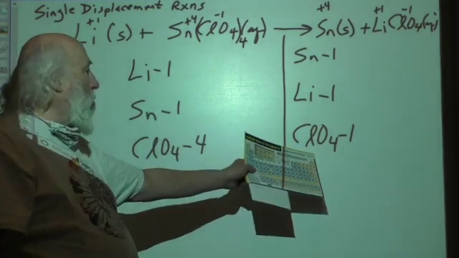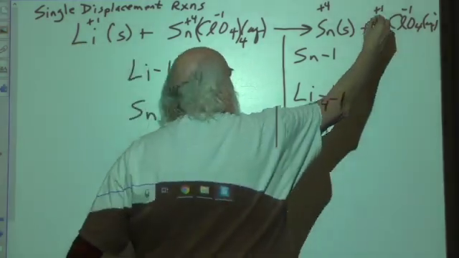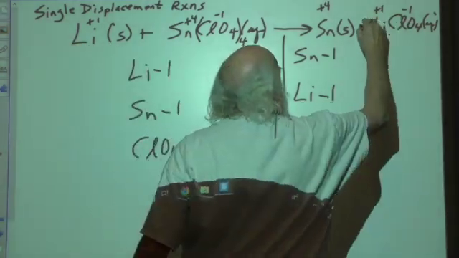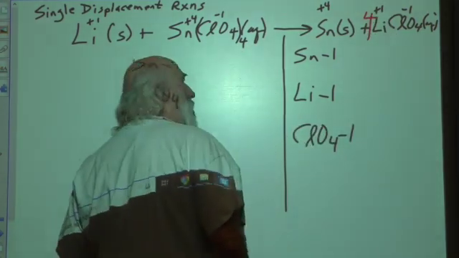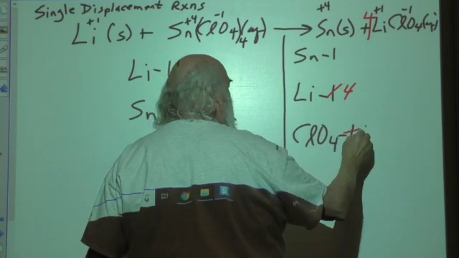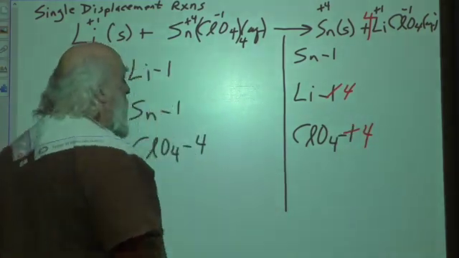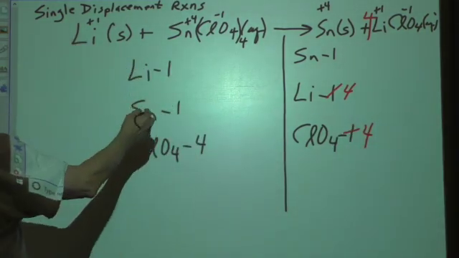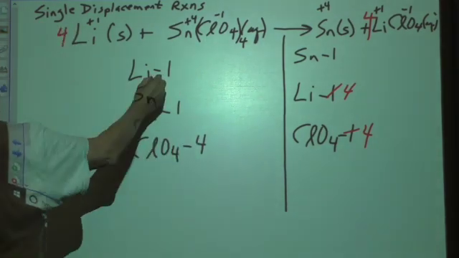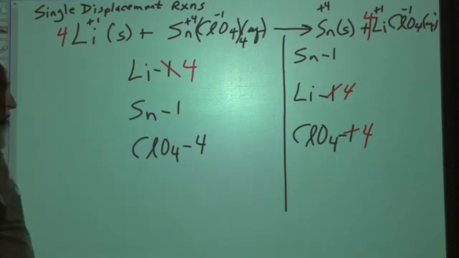So that means you need 4 ClO4s. But I can't put a 4 in the middle of it. It's got to be in front of the entire compound. So we have to put a 4 right there. So that does change the lithium to 4 as well as the perchlorate to 4. So this is not balanced yet because the lithiums now are not balanced. So to get this balanced, we have to put a 4 for the Li right there. And there, ladies and gentlemen, is our balanced equation.